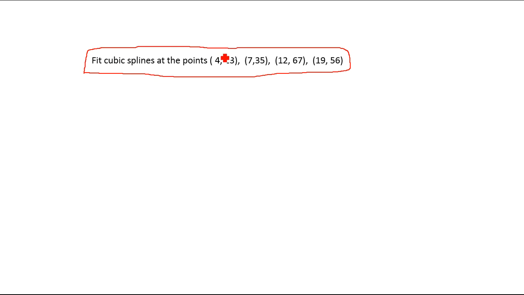So, how many cubic splines are you supposed to do? 1 cubic spline for this, another cubic spline for this, and another cubic spline for this. Always remember that f double prime of 4 equals f double prime of 19, that is equal to 0.